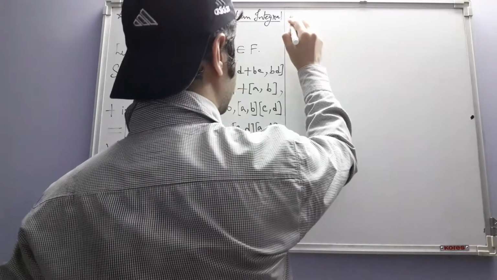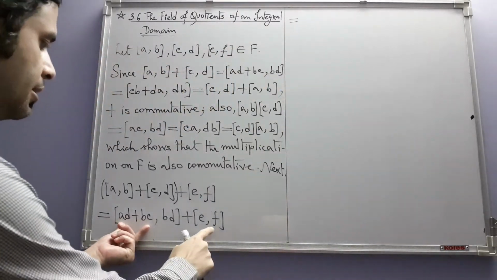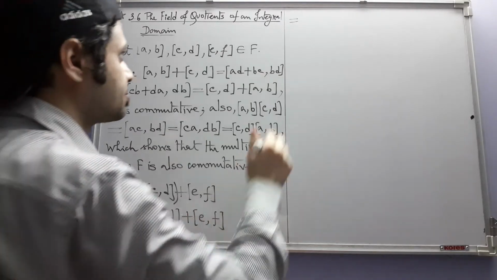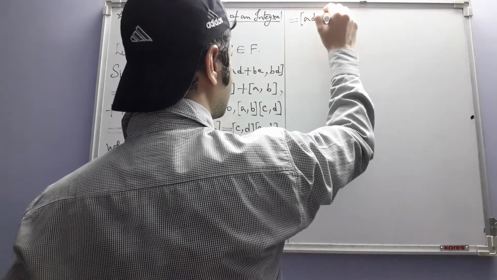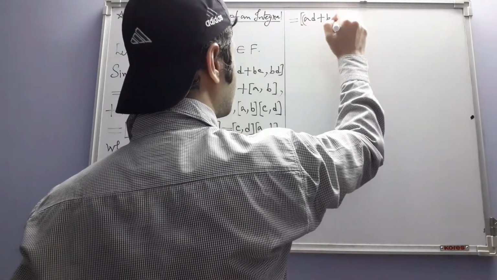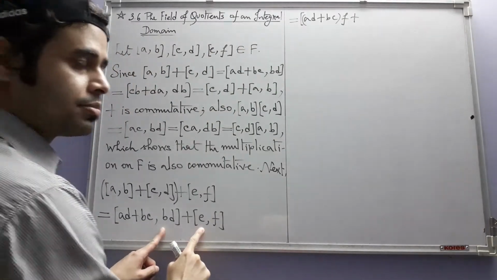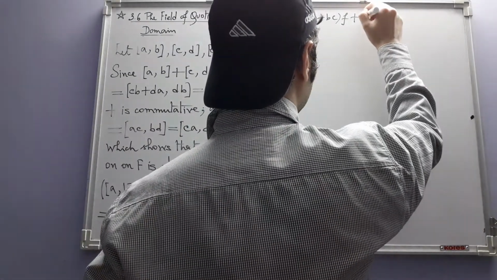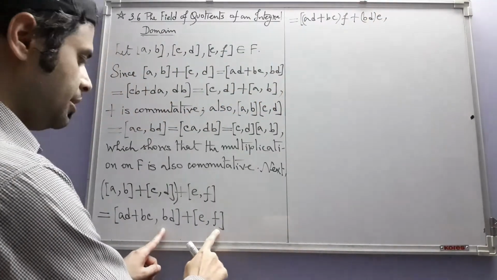Okay, now this becomes ((ad plus bc) times f plus bd times e, bd times f).